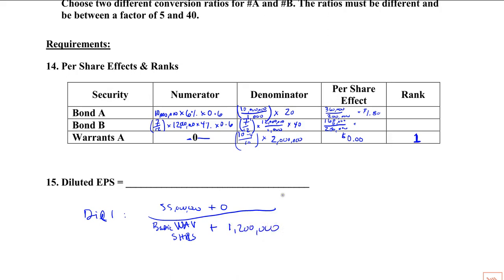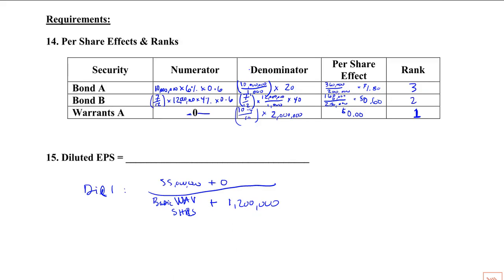Okay. And then you'd go on and keep adding. You'd add the second one, and then the third one, and you'd see which diluted EPS was smaller. Okay. So I'm going to go over to the template and show you how to input there and walk through also what the solution looks like.